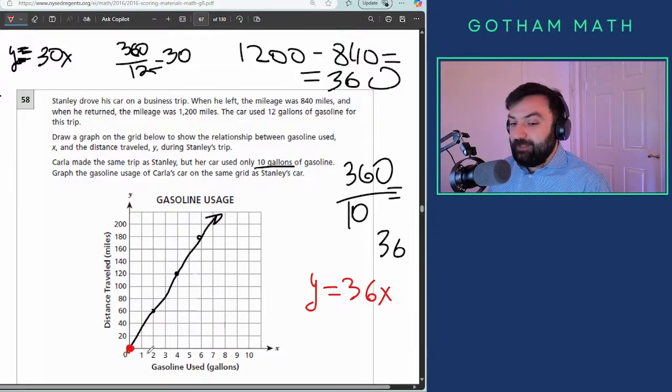For 2, well, we're going to have to graph approximately then. 1 and 36, somewhere very close there. 2 and 72. 4 and 144. 5 and 180 actually.